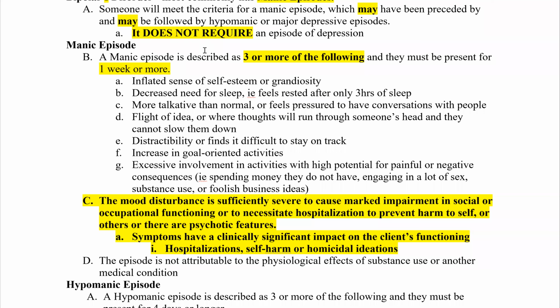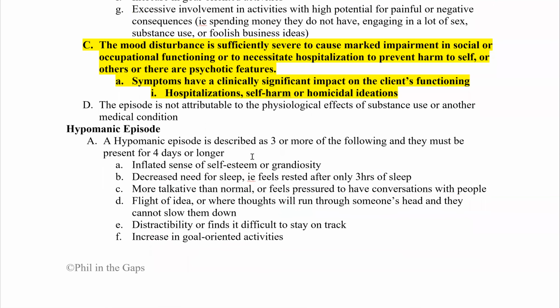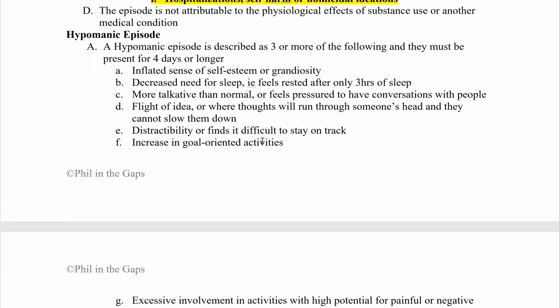So bipolar 1 can have manic episodes, but it can also have hypomanic episodes. However, keep in mind that hypomanic episodes are often associated with bipolar 2 disorder. So bipolar 1 disorder can have both manic and hypomanic episodes, but it primarily has manic episodes, and it can have fluctuations with hypomanic episodes.